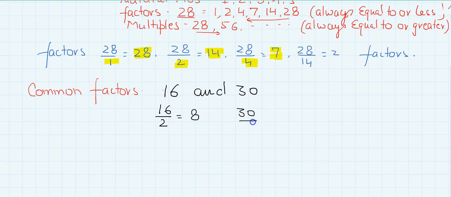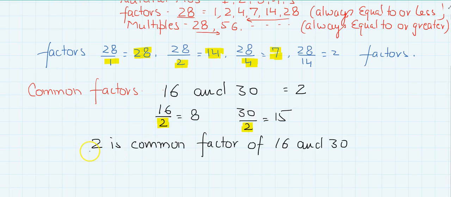And let's divide 30 by 2. We get 15. So both are divisible by 2. So the common factor of 16 and 30 is 2. Common factor means again 2 is dividing 16 and 2 is dividing 30. So we can say that 2 is a common factor of 16 and 30.